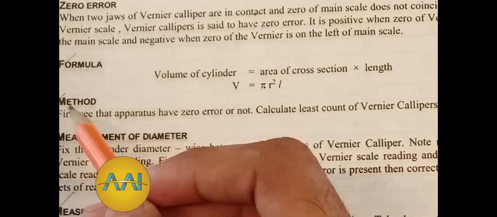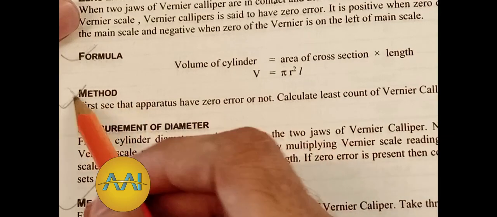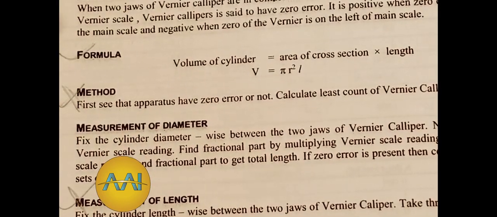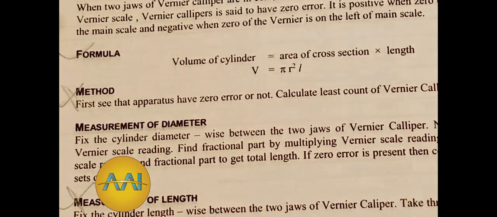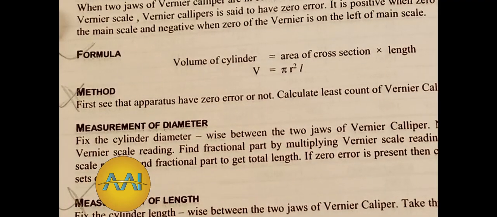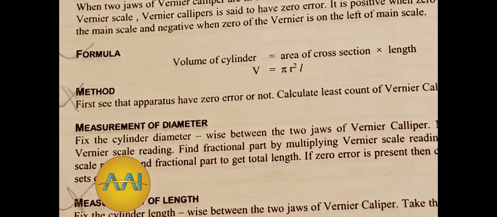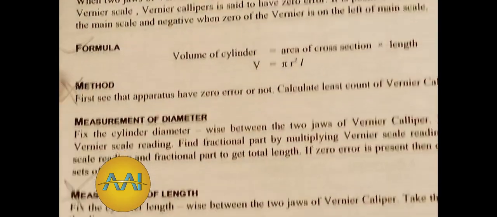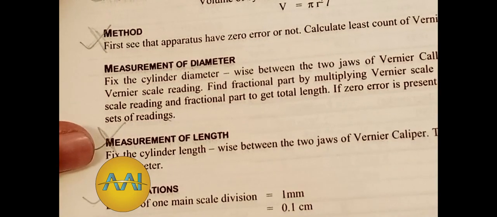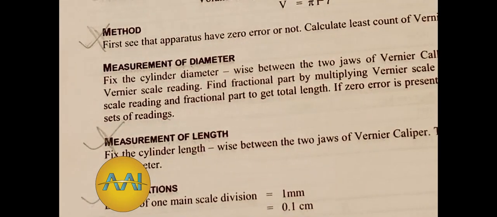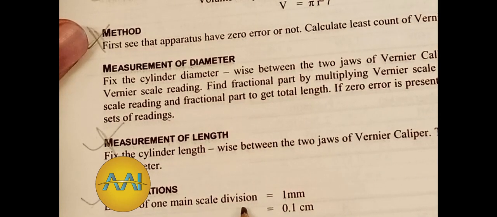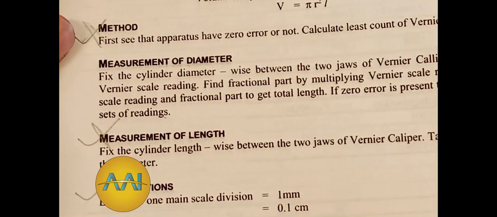You don't need to write the method in your practical journal. You don't need to write the method and measurement of length. One correction I have discussed. So you have to directly note down the observation on the blank page of your practical journal. Length of main scale division, 1 millimeter.